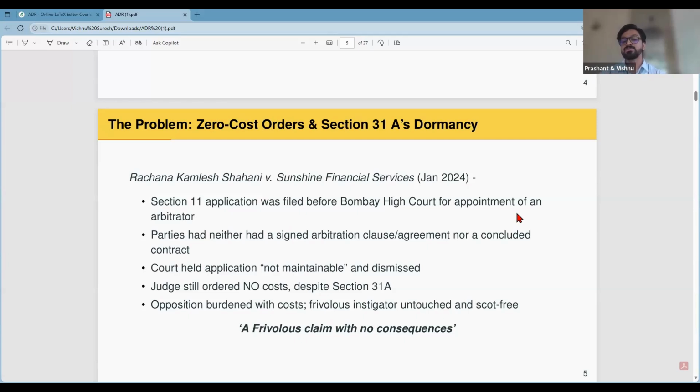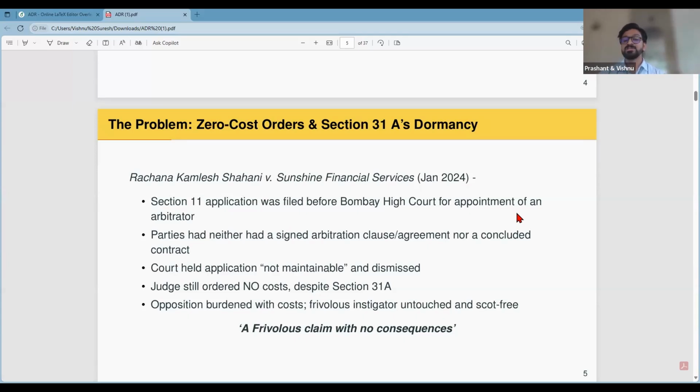But interestingly, there was no concluded contract between the parties. There was no signed arbitration clause or agreement. Noticing this interesting fact, the judge held that this application itself is not maintainable because there is no arbitration clause, or for that matter, concluded contract between them, and dismissed it.